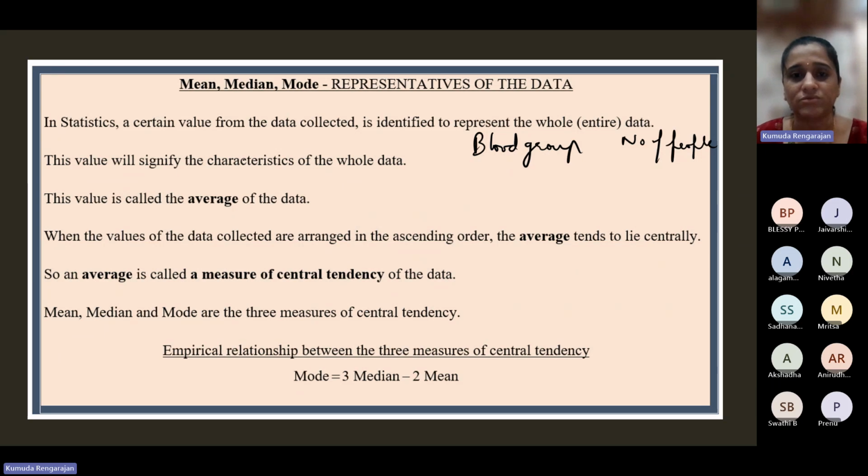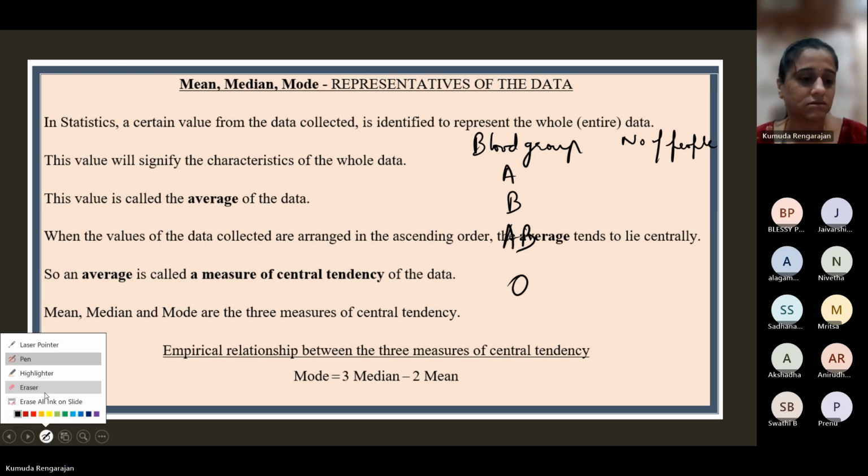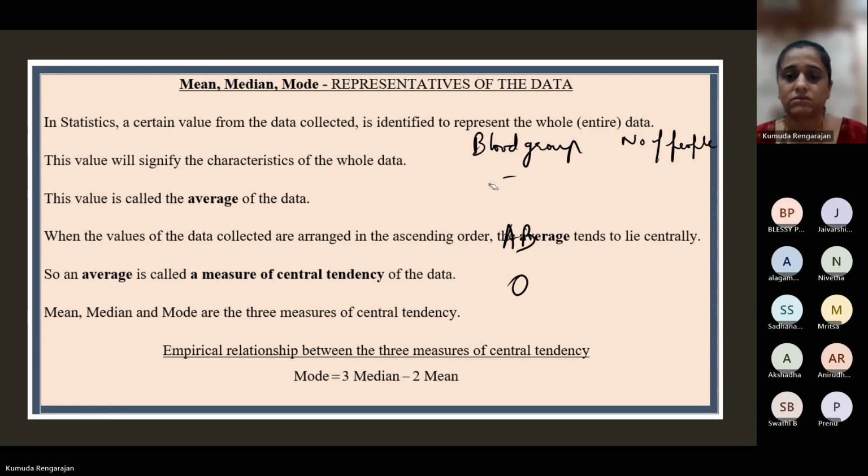So out here you have A, B, and O. All right, or you can make it more specific.